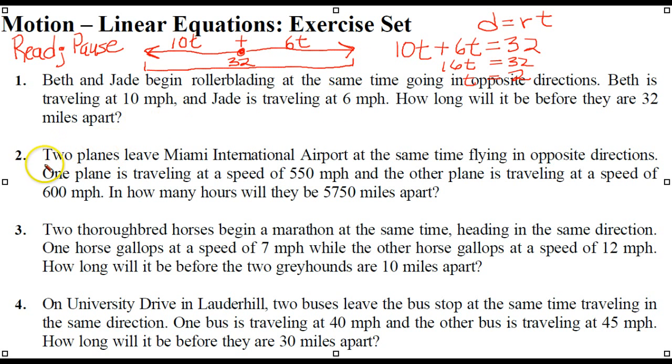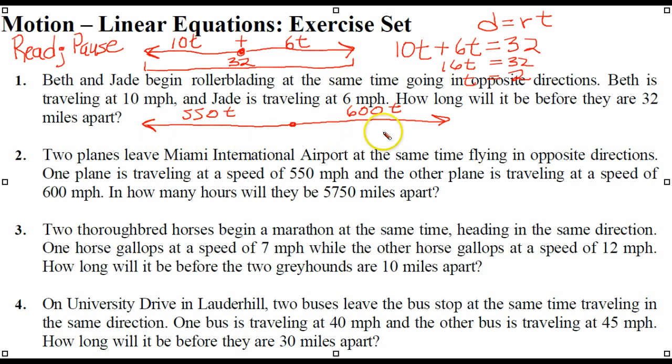All right, for number 2, read and pause. Now for number 2, notice this is very similar to this first one here. So this rate will be 550. And the other one is going at 600. We know the time is the same.